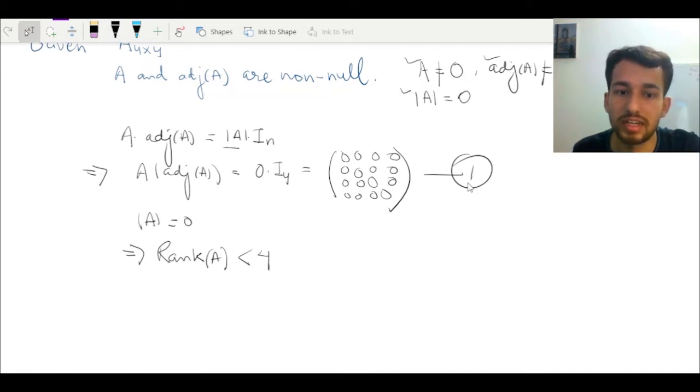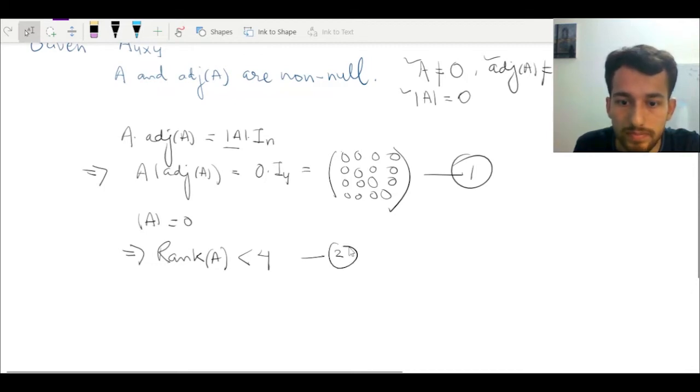But we are given that its determinant is 0, so rank of A has to be less than 4. Let me denote this by 2.